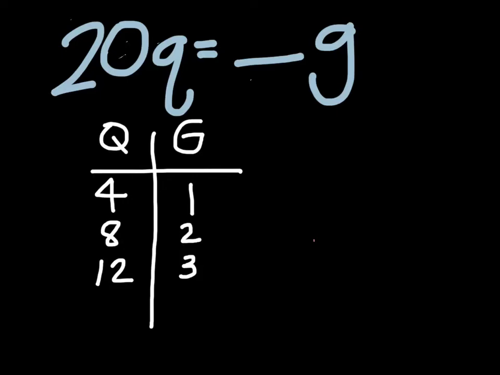But going this way, from 4 to 1, 8 to 2, 12 to 3, we divide. We're going to divide by what? 4, because 4 divided by 4 is 1.